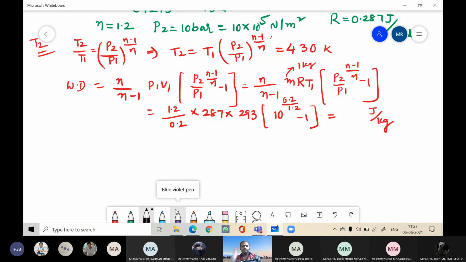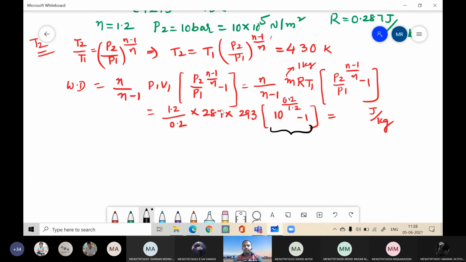Do it. How much? First simplify this one, then multiply with this one. 10 power 0.2 by 1.2, minus 1.